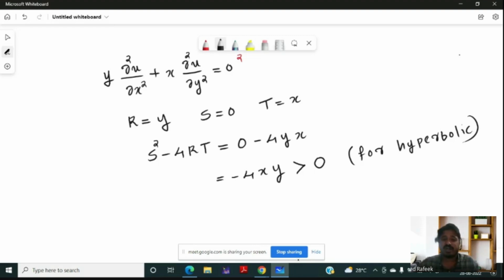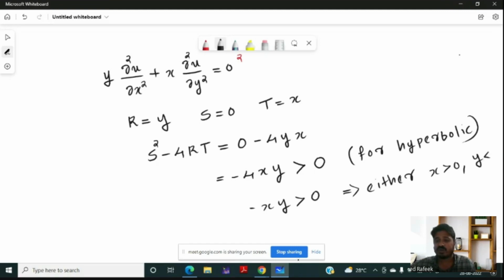Of course, −4xy greater than 0 means −xy should be greater than 0. For that, we have two choices: either x greater than 0, then y should be less than 0, so that −xy is greater than 0.